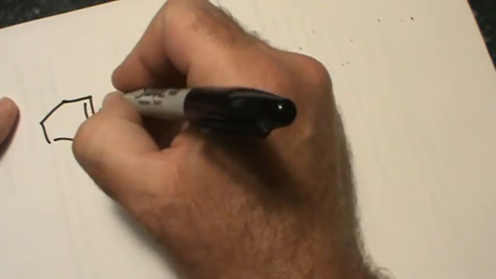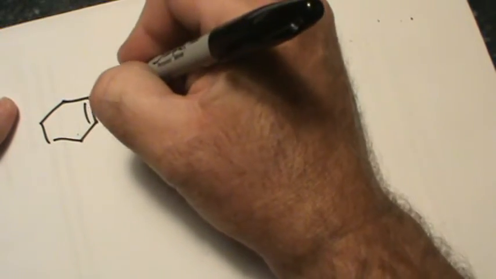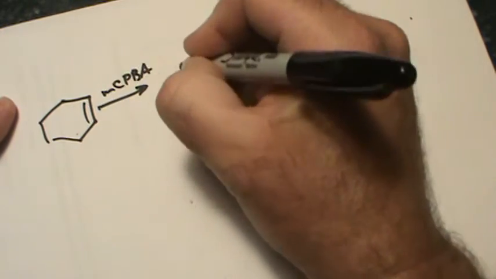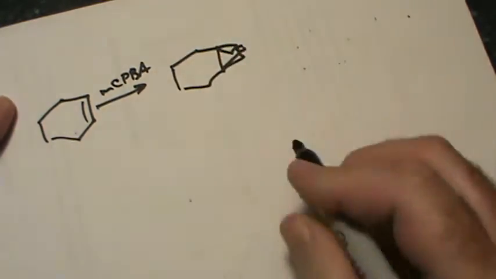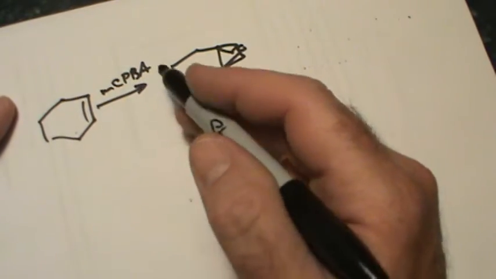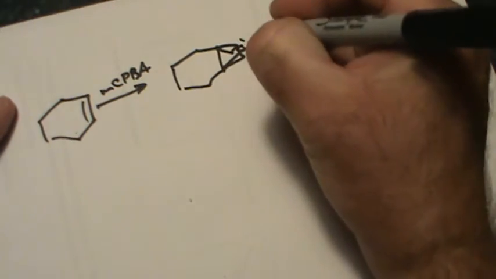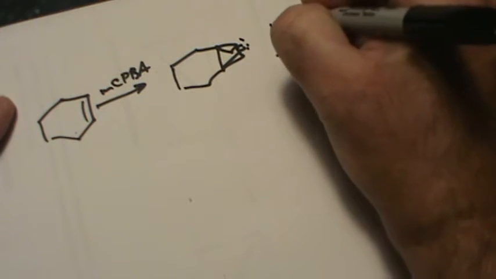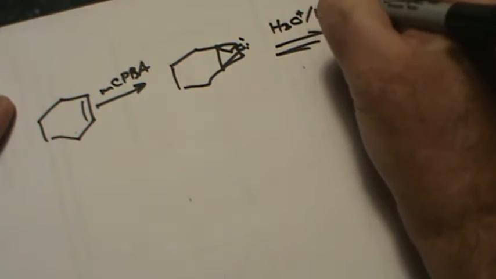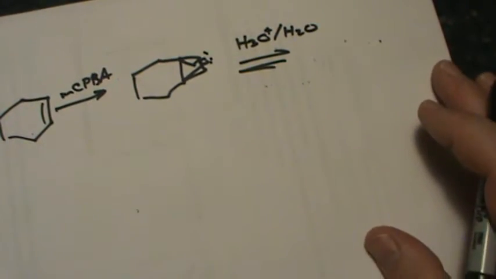We go back to our oxirane, which can be formed just as we discussed by reacting an alkene with a peracid such as MCPBA. And now we're going to treat this to H3O+, H2O, aqueous acid type conditions.